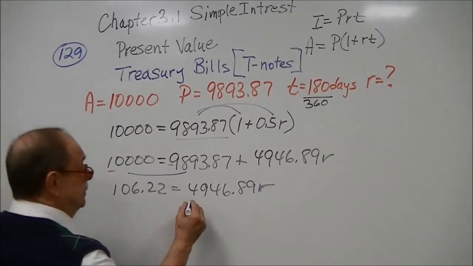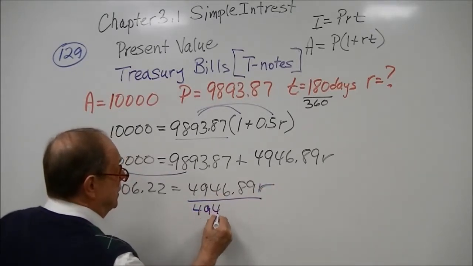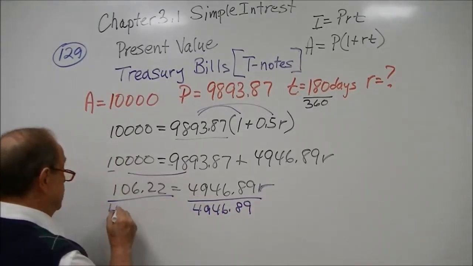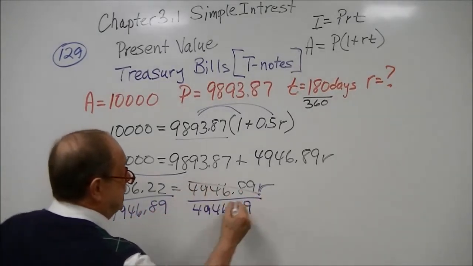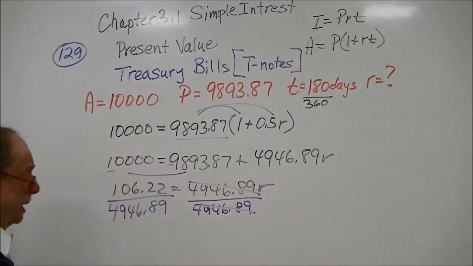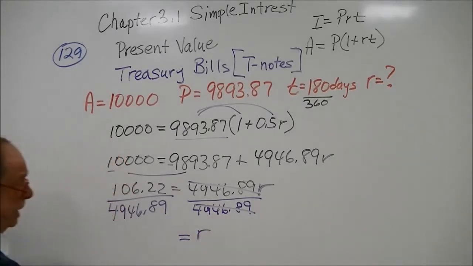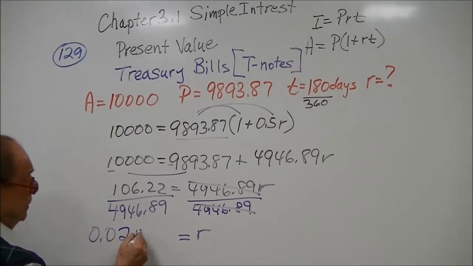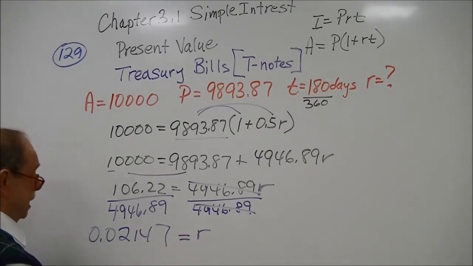Well, now what we're going to do is divide whatever is with the R. And again, our calculators are very valuable here. This cancels out, and we're left with R. And when we put that in our calculator, we get R equals 0.02147, and we need to convert this R to a percentage now.